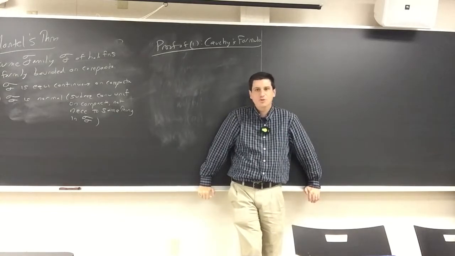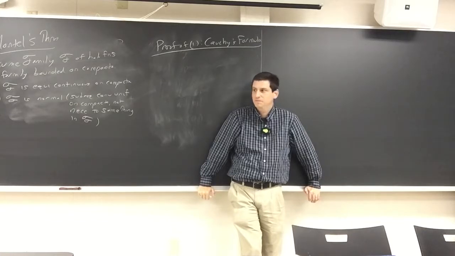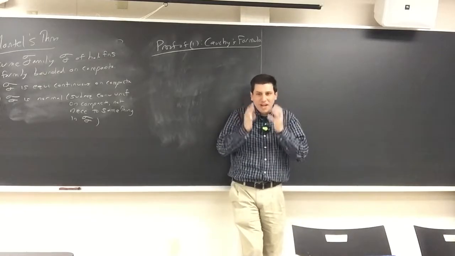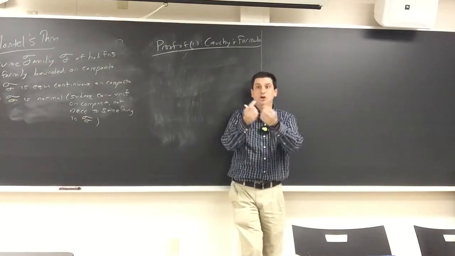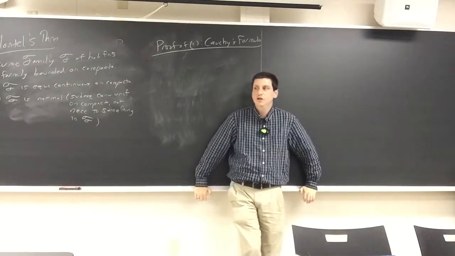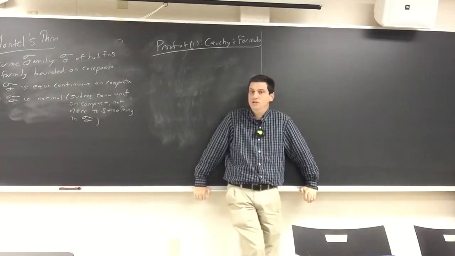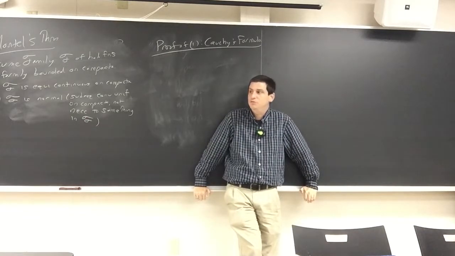Why is Cauchy's formula so amazing? You get information about everything inside just by knowing information on the boundary or information in one region. So if you know, for instance, that the function f is bounded, you can propagate that to information in other places. You could also use this to get information about derivatives.